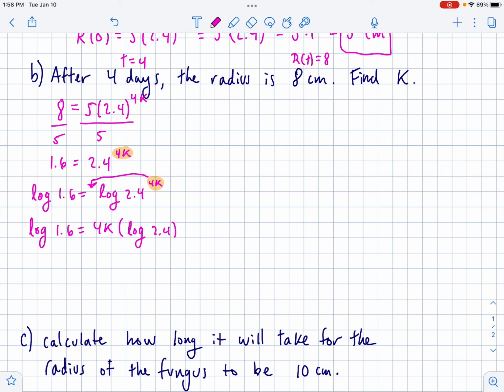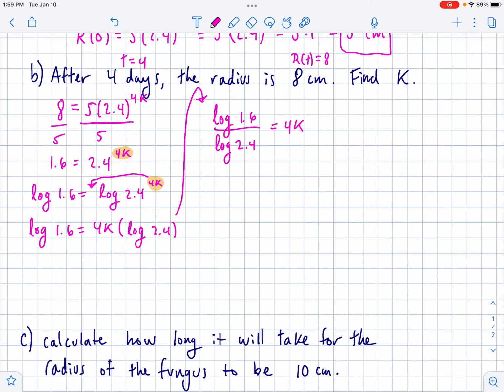Then I will divide both sides by log 2.4 to get log 1.6 over log 2.4 is equal to 4k.